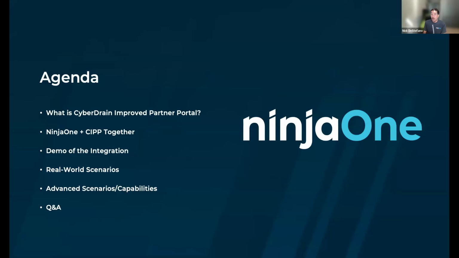Luke will walk you through a demo of the integration. Since a lot of this integration is visual, we're going to be switching back and forth between the slides and the integration itself, but we'll also go over some real world scenarios. Luke will walk you through those, and then we'll talk about some advanced scenarios and capabilities as well. We'll end with an open Q&A session.